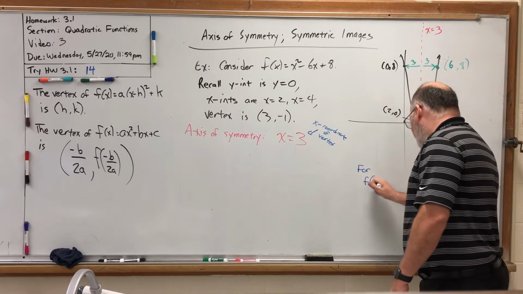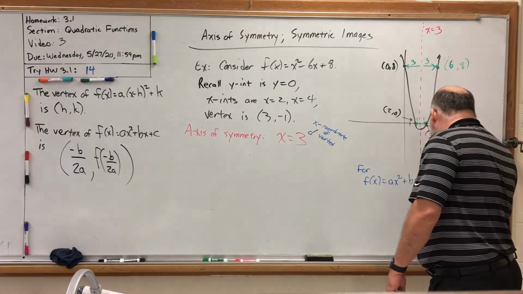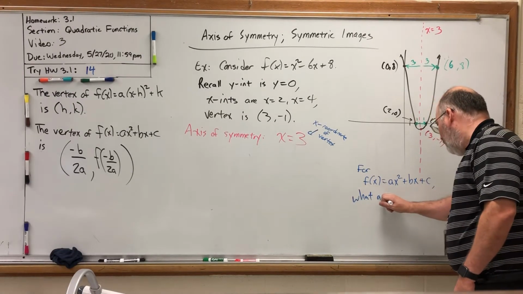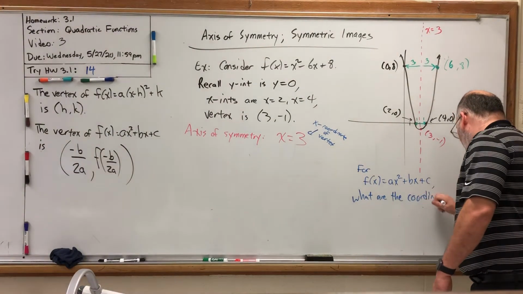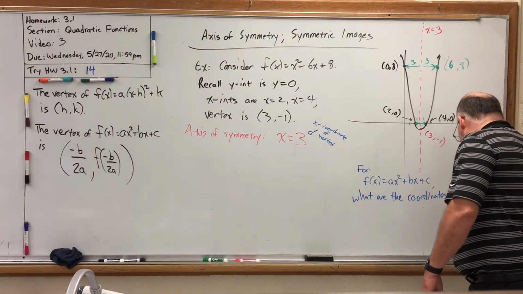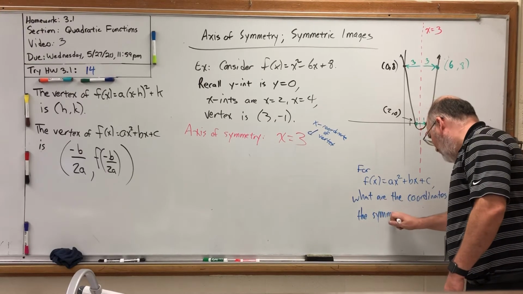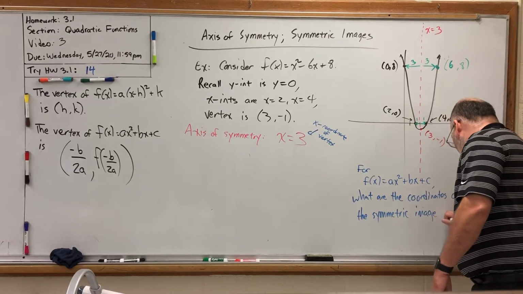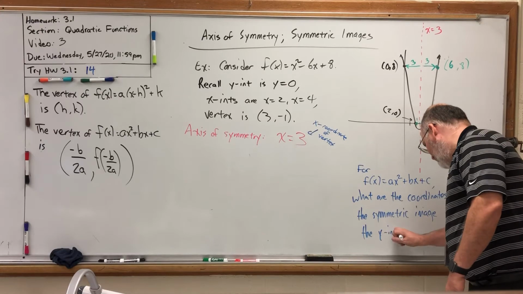For f of x equals ax squared plus bx plus c, what are the coordinates of the symmetric image of the y-intercept?